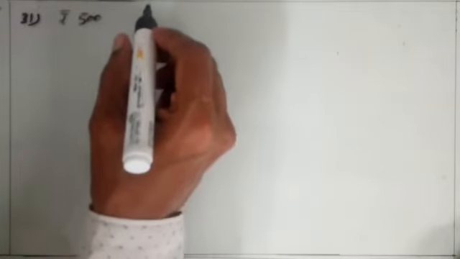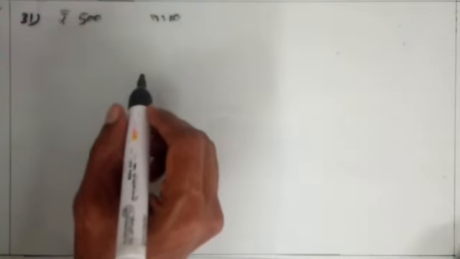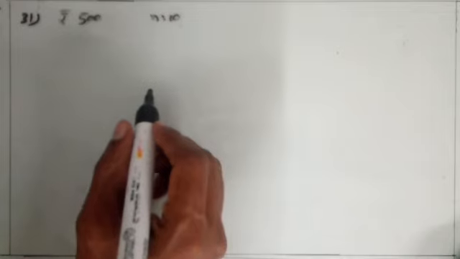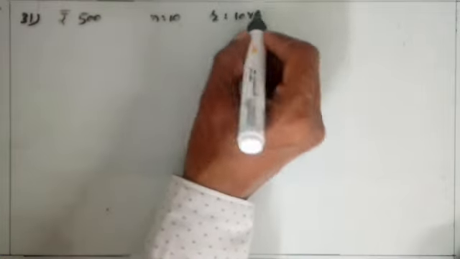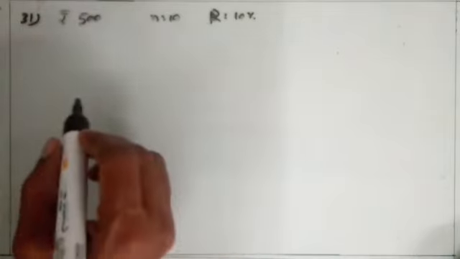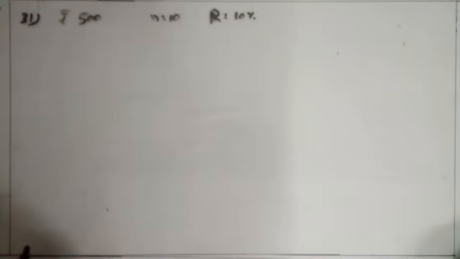Now question number 31. What will rupees 500 amount to 10 years after its deposit in a bank which pays an annual interest rate of 10%, compounded annually?